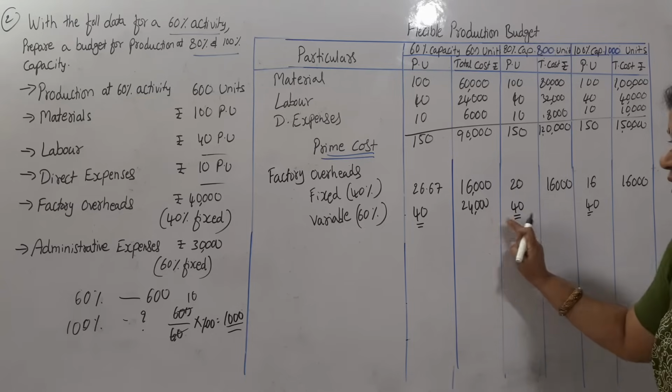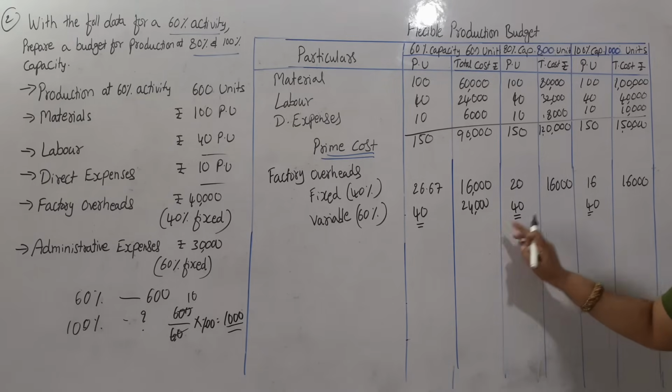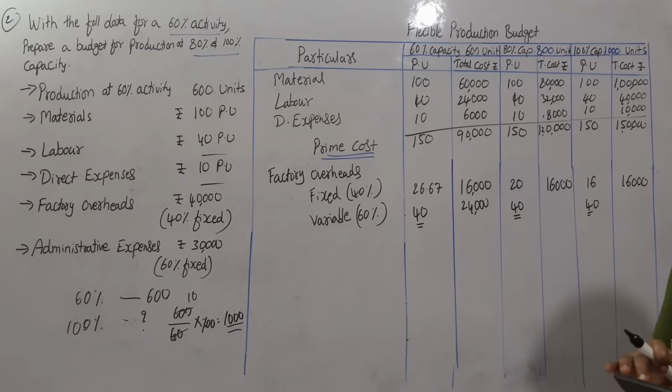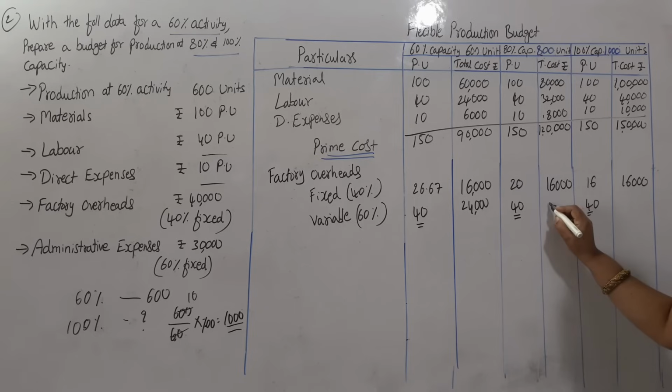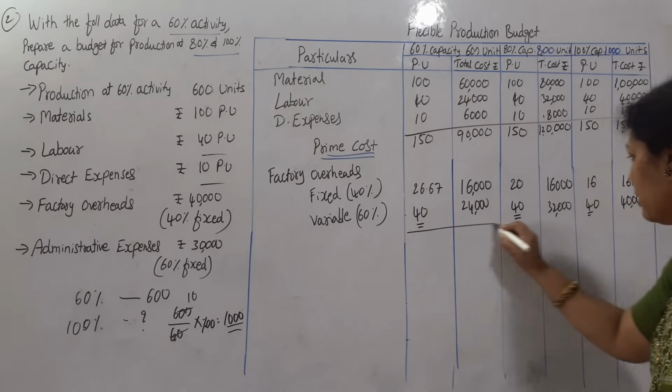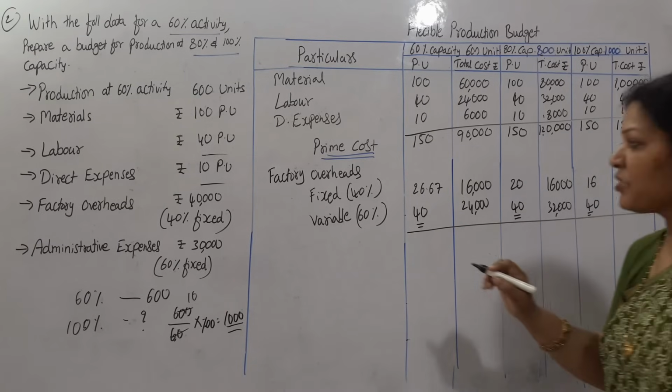So that is why we are taking variable cost per unit same as it is, but if you multiply 40 into 800, it will be more. 40 into 800, it is 32,000. In the same way 40 into 1000, 40,000, right? So this is factory expenses. If we total up, you will get works cost.